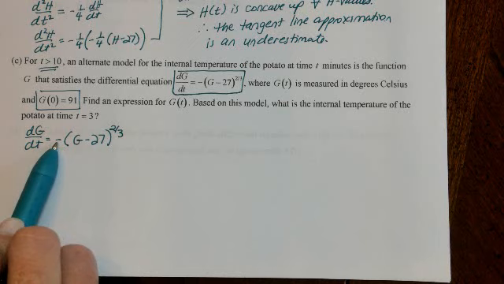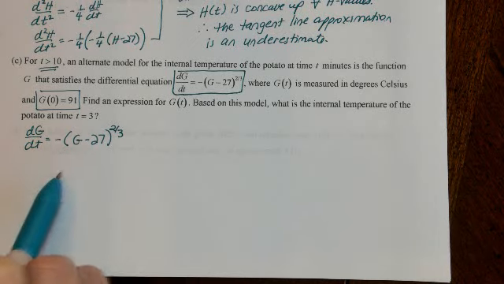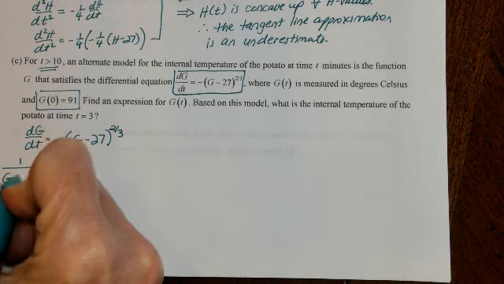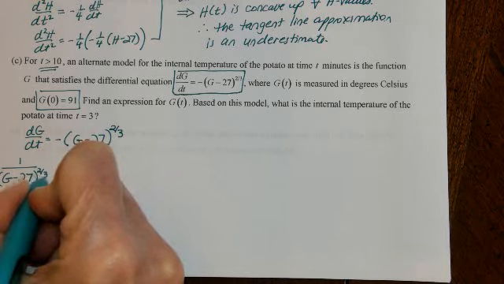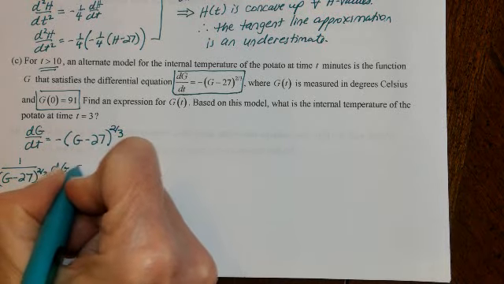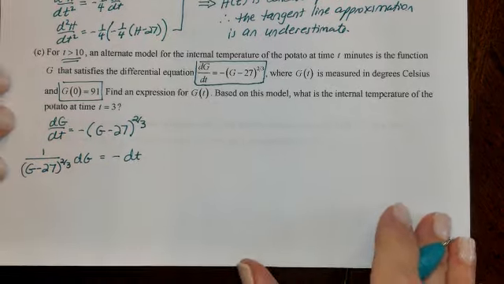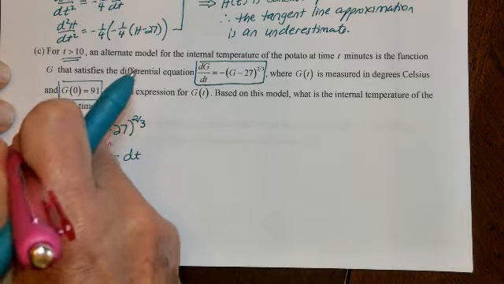This -1 I'm just going to leave over here, so I'm just going to divide both sides by g minus 27 to the 2/3. Like that. And now we will integrate both sides.